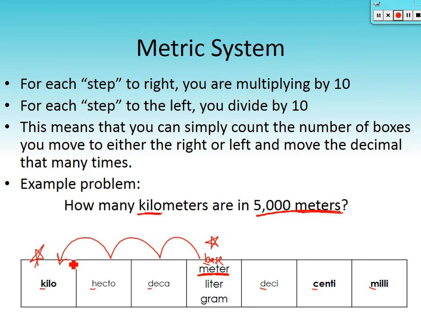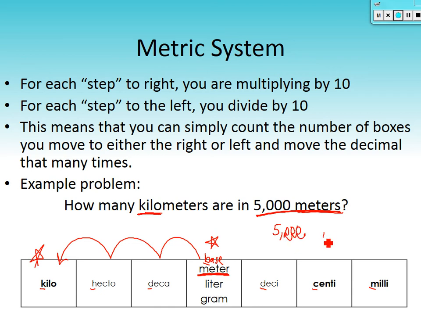So look how easy this is. All you have to do, in 5,000, there's an understood decimal right there. So we're going to move that decimal, the number of spaces or the number of boxes that you moved, and in the direction that you moved. So we moved 1, 2, 3 boxes. So we're going to move our decimal 1, 2, 3 spots.